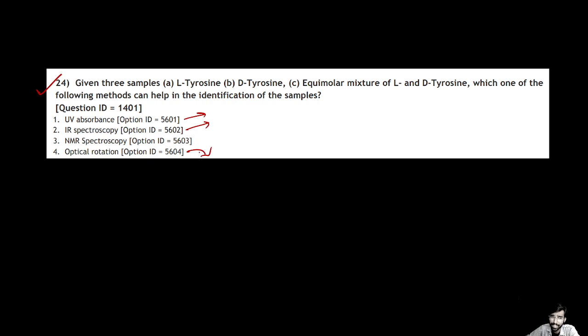Optical rotation can be okay, but for the mixture it's quite not possible. So NMR spectroscopy, through NMR you can say, because NMR deals with the configuration of the molecule. So through NMR you can say what kind of sample it is.